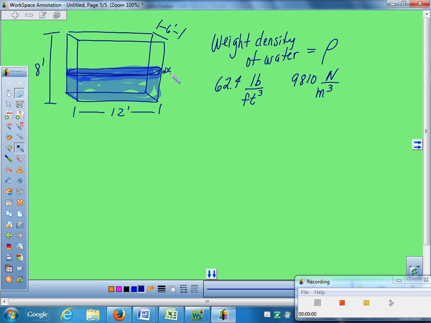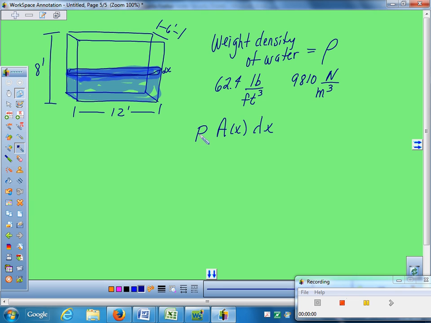In this case, it's 12 by width is 6. So in other words, you're doing the area of it. I'm trying to get a general formula here. You're trying to do the area of it times the thickness. That'll give you the volume of it. Then how do I get the weight of it? I would have to times by this weight density. So you times by rho.